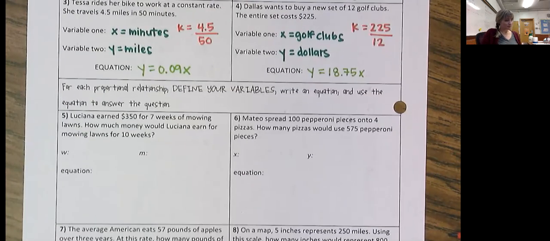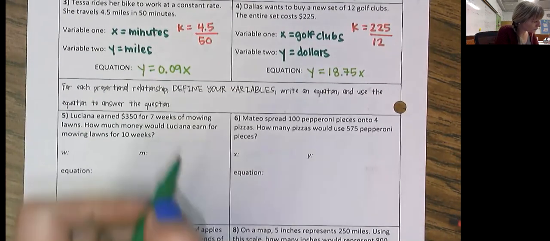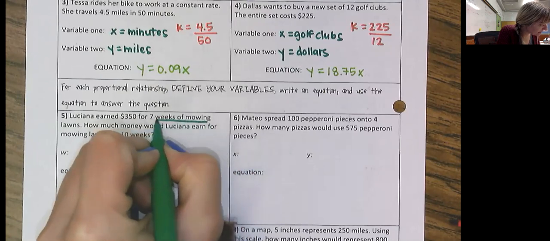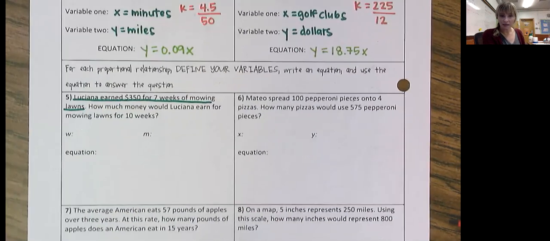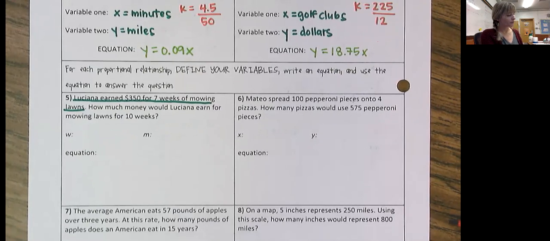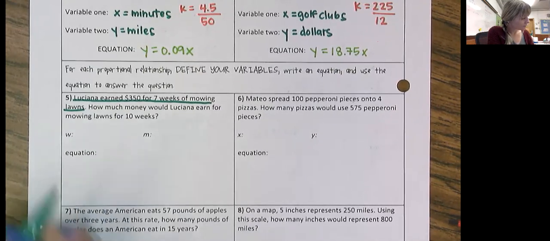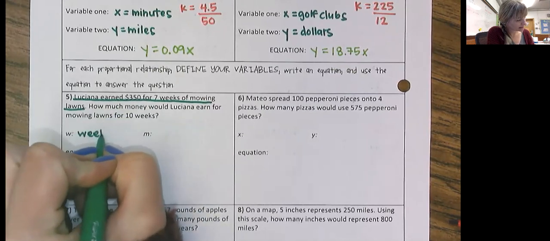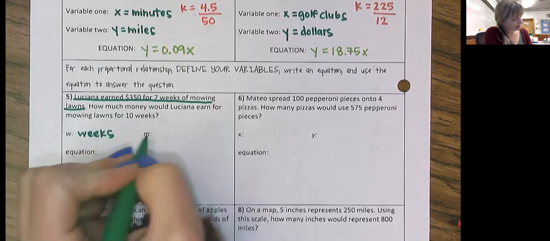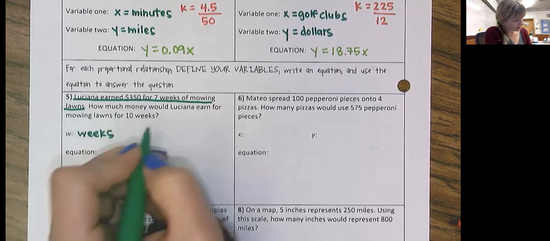So actually, here's what I'm going to do. I'm going to use this first sentence to start this whole process, just like I did on the top of the paper. Before I move forward, let's just use that first sentence. And they give me hints here. Look, W is probably weeks, and M is mowed lawns.